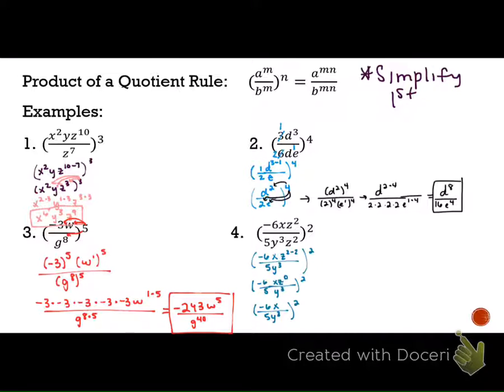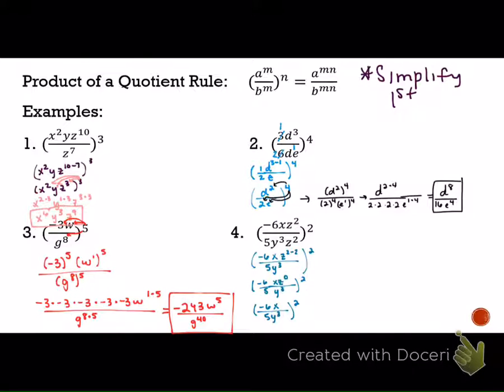Now you can do something with that too, Kelly. So what am I going to do with that too? I can wait. So when you say we distribute, talk about that. What do you mean we're doing with the square and the negative 6?